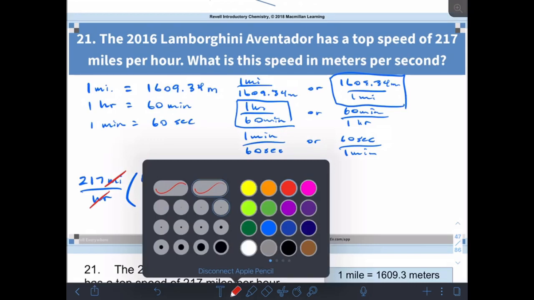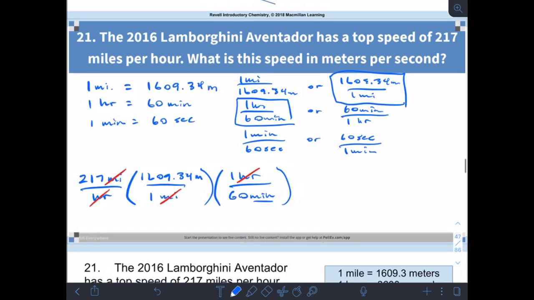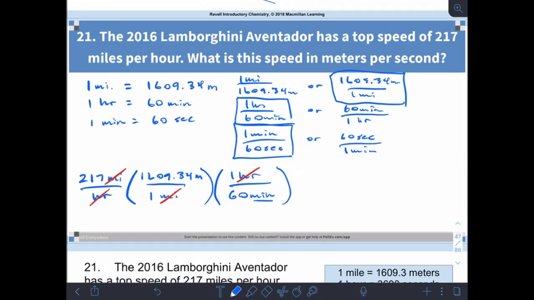So I'm going to do one more step to get me all the way to meters per second. So right now, I've got minutes on the bottom, right here. So I need to pick my next conversion factor to have minutes on the top so that they're opposite and they cancel out. So that's going to be this one right here. So 1 minute is 60 seconds.